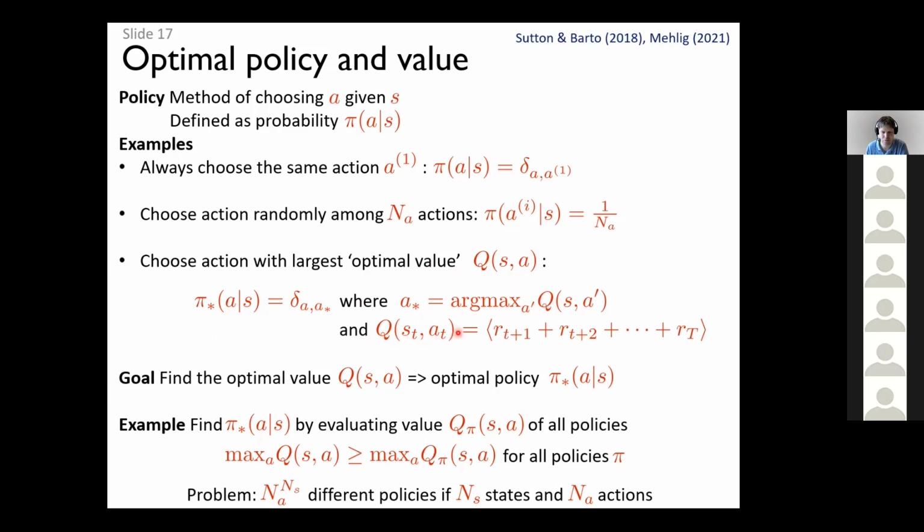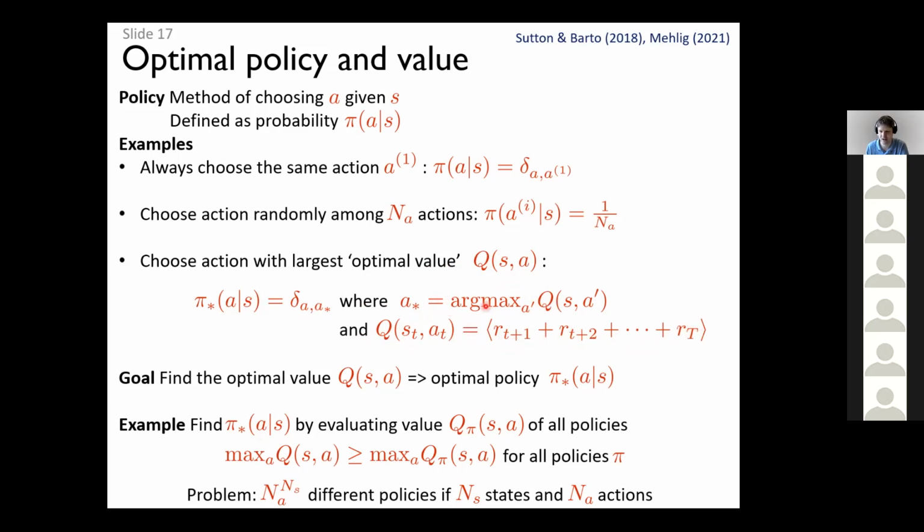And this Q function is equal to an expectation value of the future rewards. So if this is correctly described, it is just the expectation value of all future rewards.